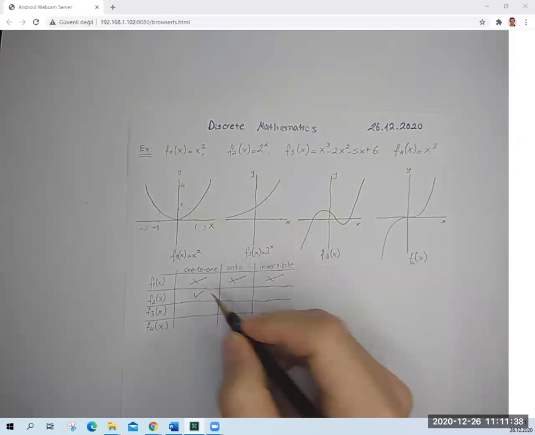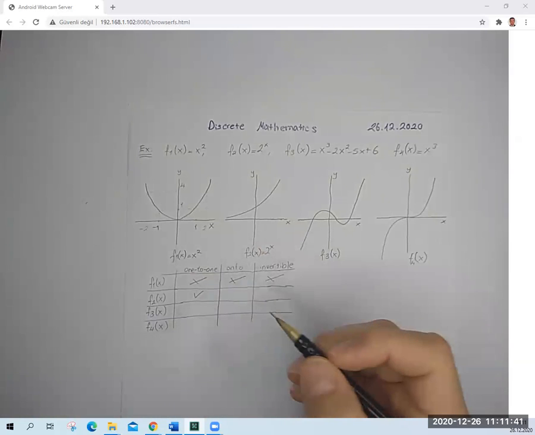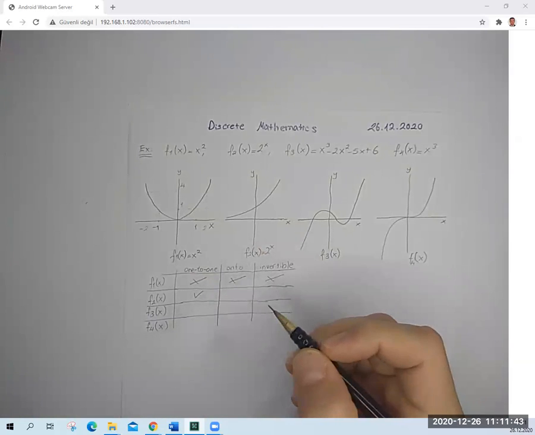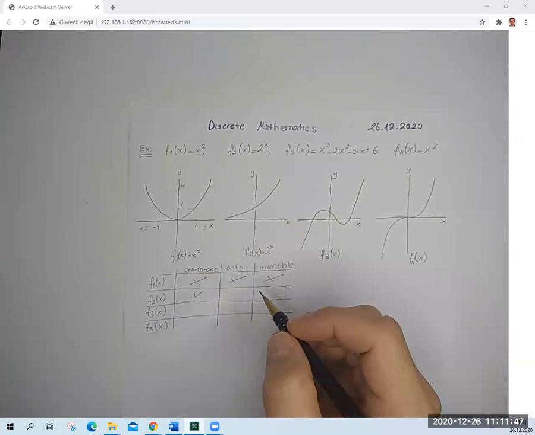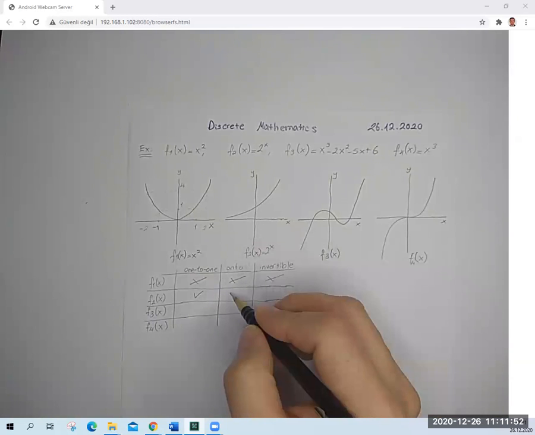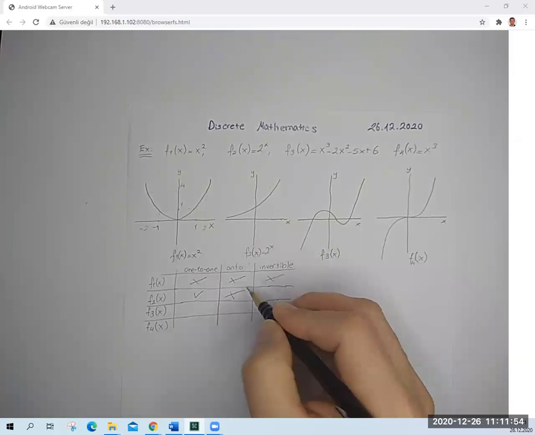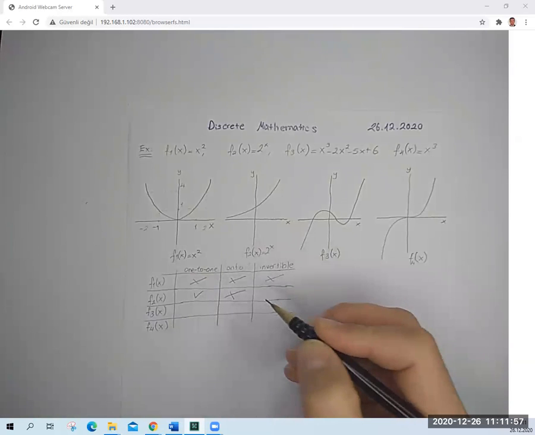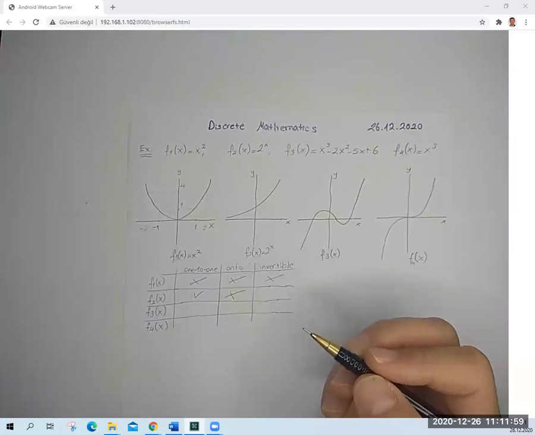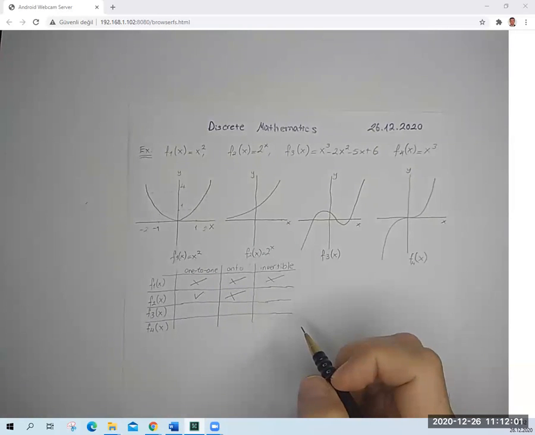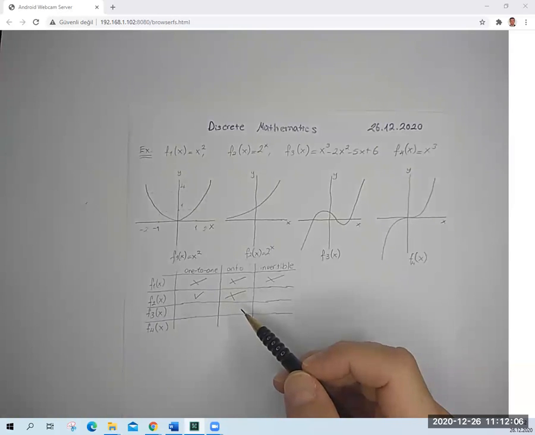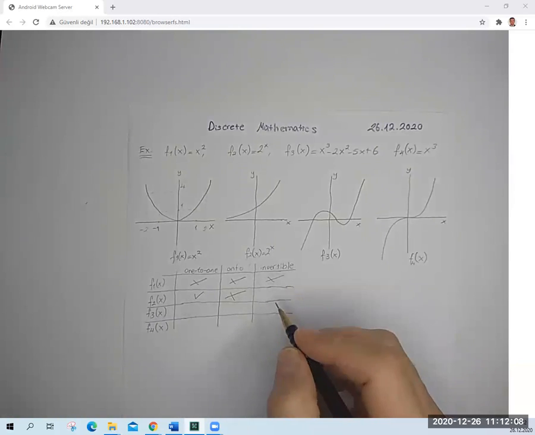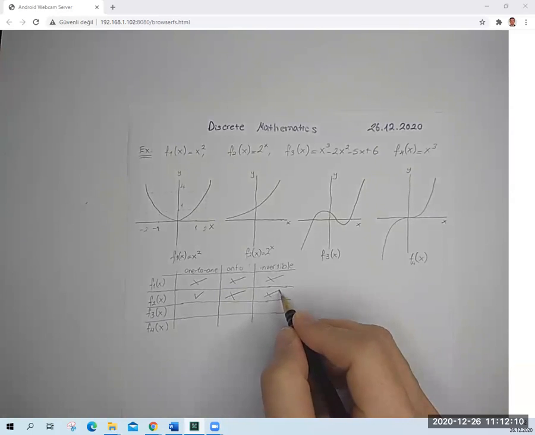How about onto? Not onto, right? Why not onto? Yes, exactly. If we get those two properties, then we will say this is invertible.